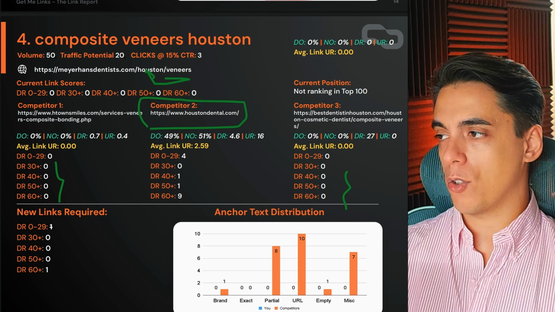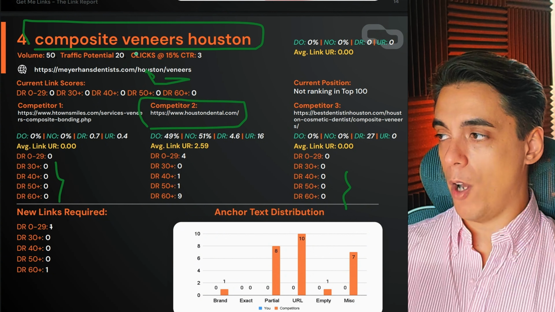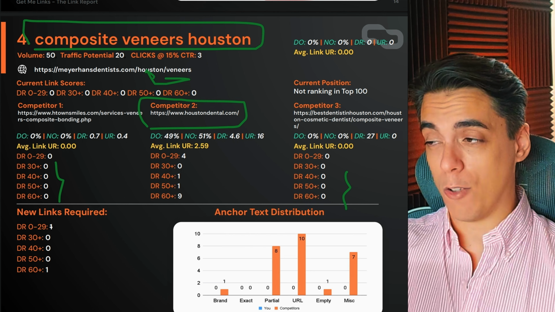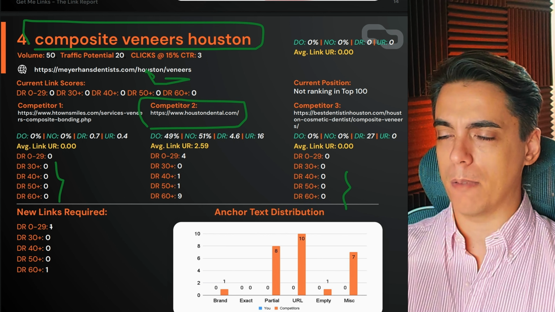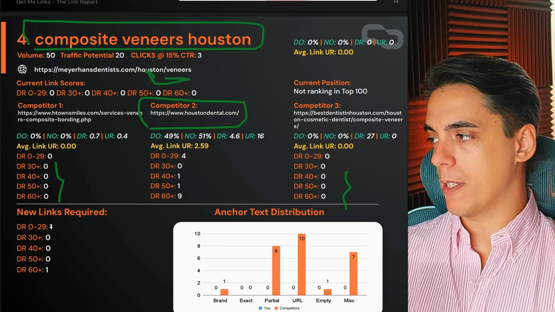In this particular case, Houston Dental is quite strong for veneers from an on-page point of view. This is not a qualitative assessment of the actual businesses and their services. I'm only looking at the backlink data as it's publicly available through Ahrefs, okay? It has nothing to do with the businesses themselves.